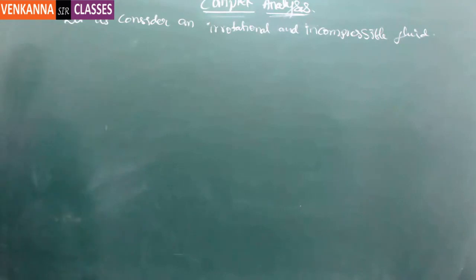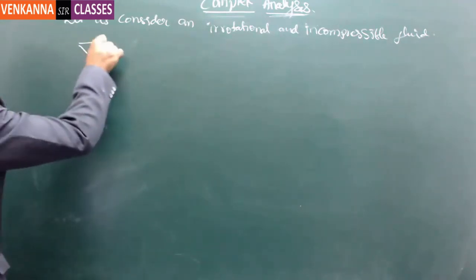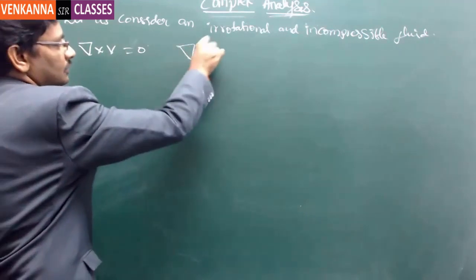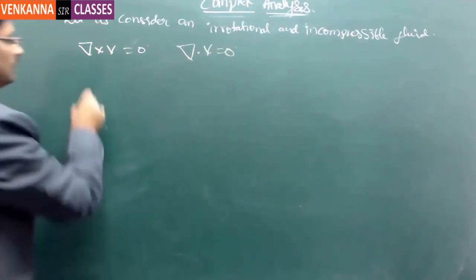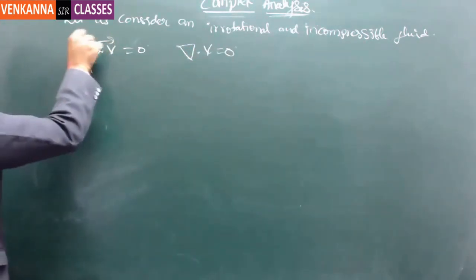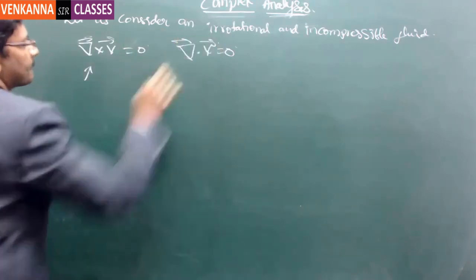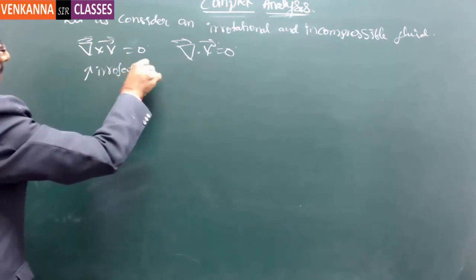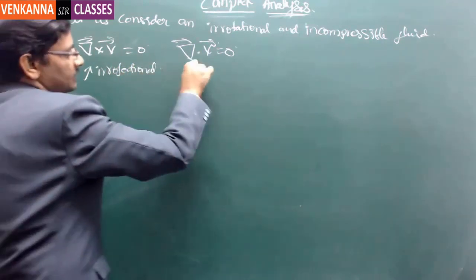That means if you take the fluid velocity V, del cross V is equal to 0 and del dot V is equal to 0. These are the two conditions. The first says irrotational. These two are vectors anyway. The second is incompressible.